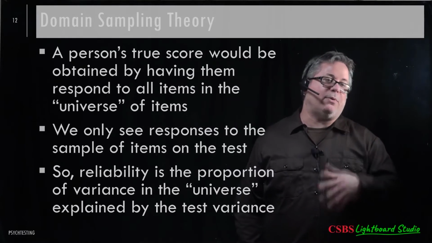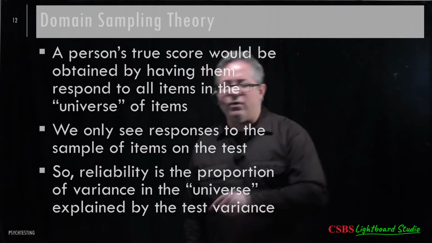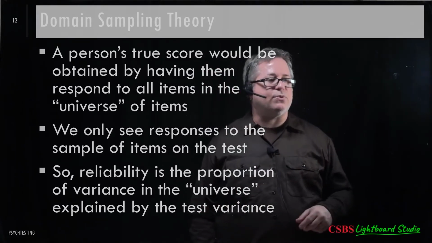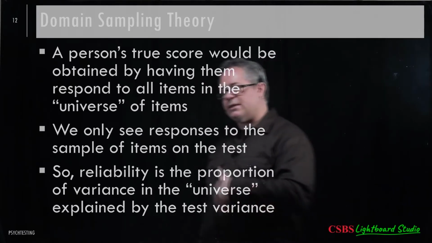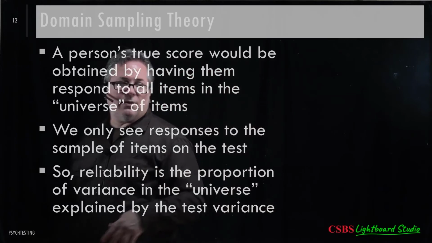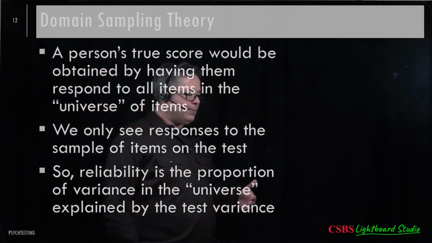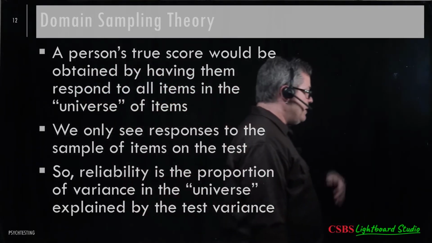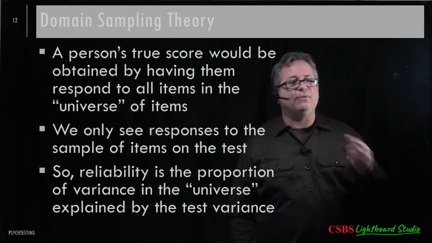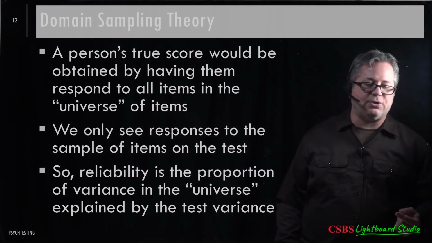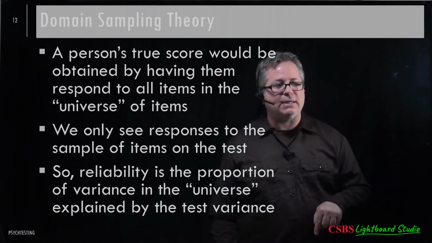And they would have to take all of them to figure out their exact true score. However, we only see responses to the sample and not to every single question, right? So when we think about what reliability means, the reliability of a test is its ability to capture the universe of items with just a few items on the test.